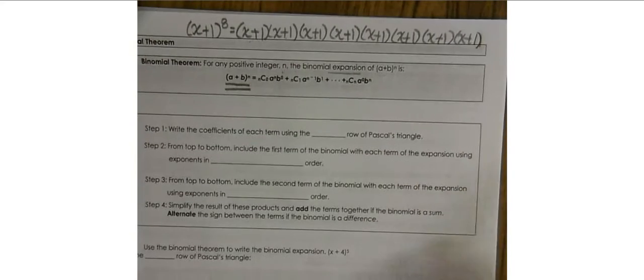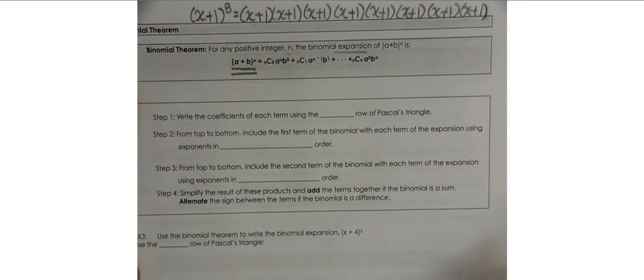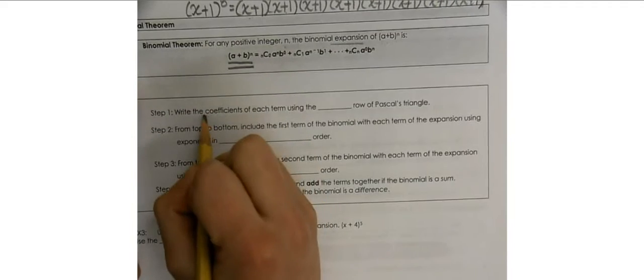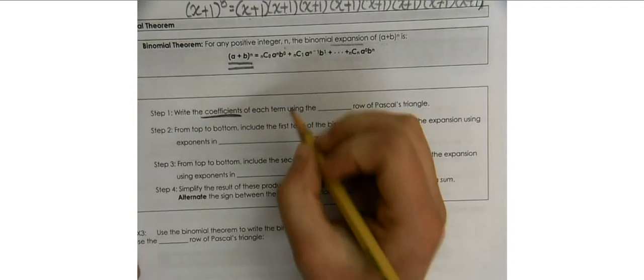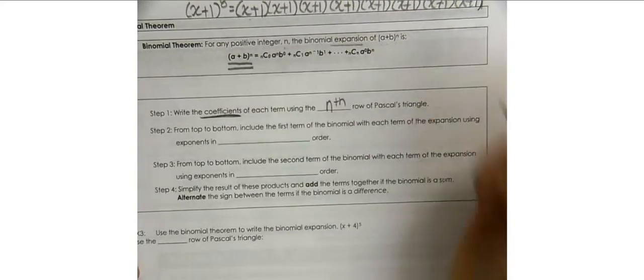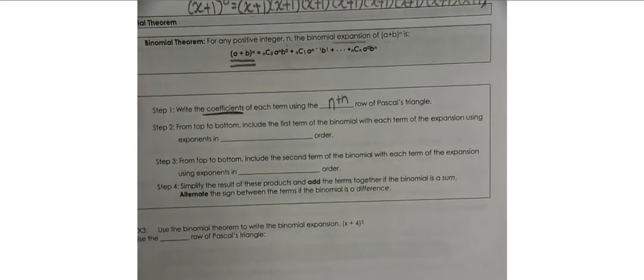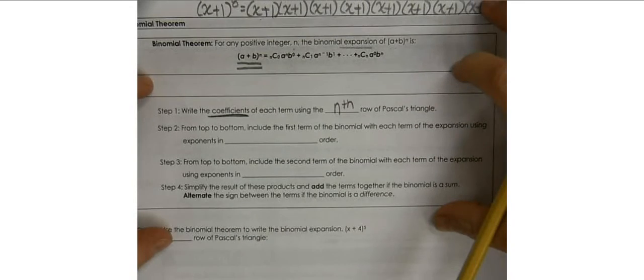So in order to solve a problem like this, we are going to use the binomial theorem, which means that the first thing you're going to do is write the coefficients of each term using the nth row of Pascal's triangle. So what I'm going to do is talk about the steps and do example number 3 at the exact same time.